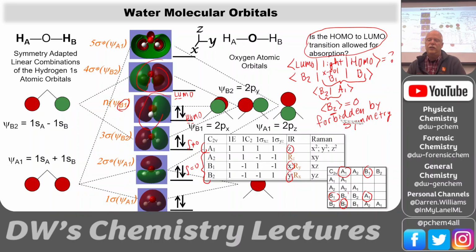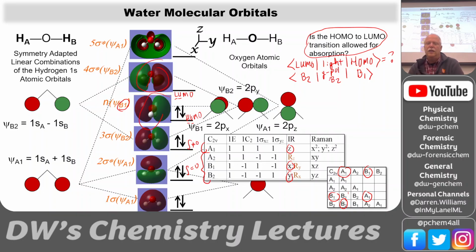Let's redo it. Let's just learn by repetition and do it for Y polarized light. So you can start here if you want. We change to Y polarized light, and we have B2. Well, I don't know. We'll see. I don't think it is. So we have B2 times B1.